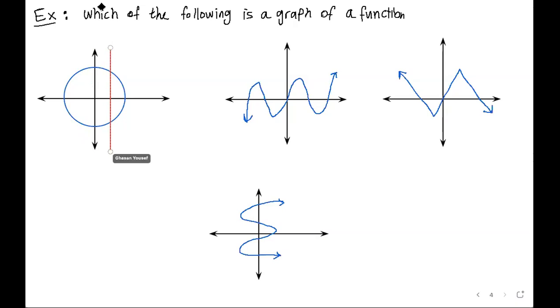This means it is not a graph of a function. So the equation of a circle, or any circle, is not a function. So this is not a graph of a function.